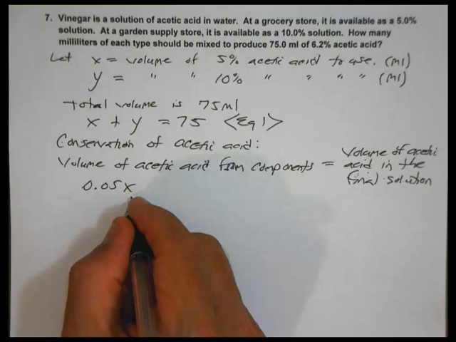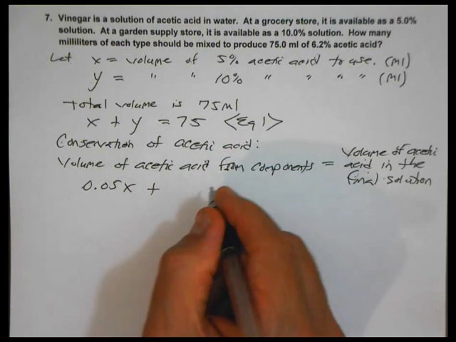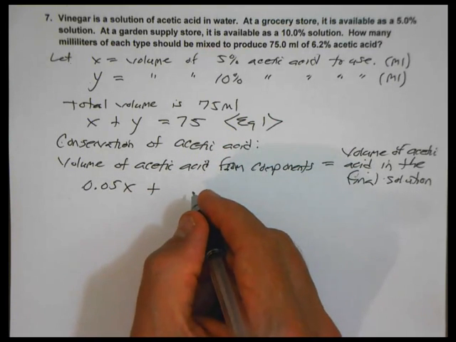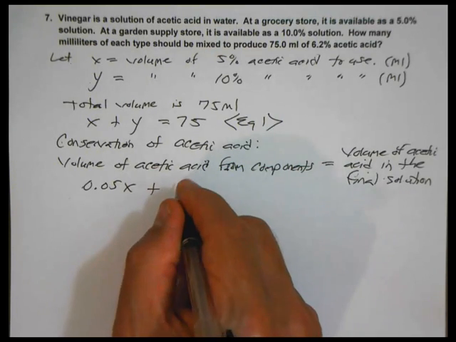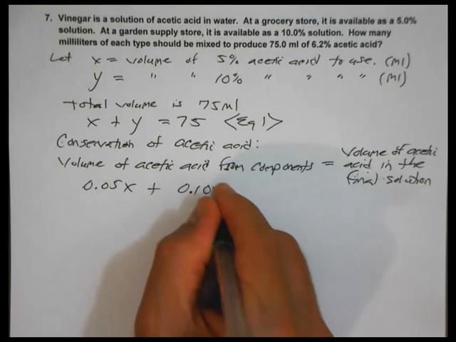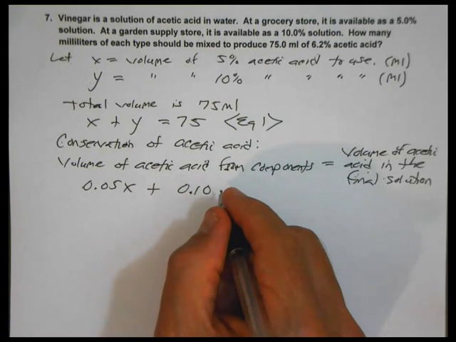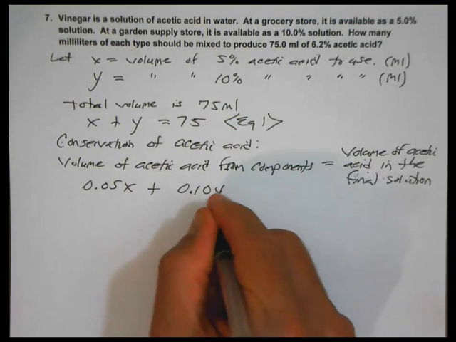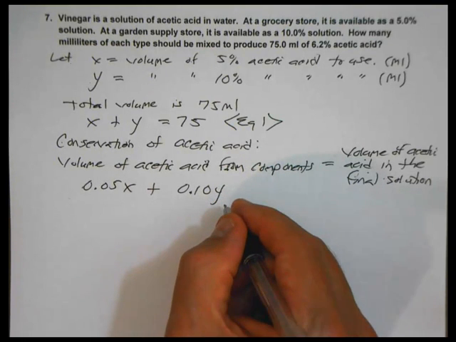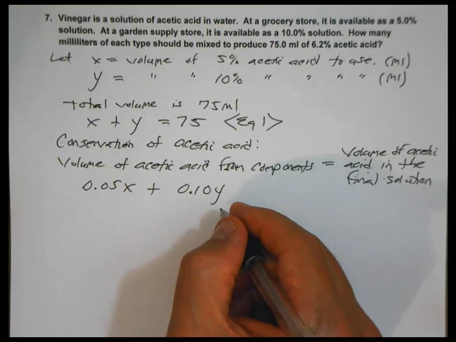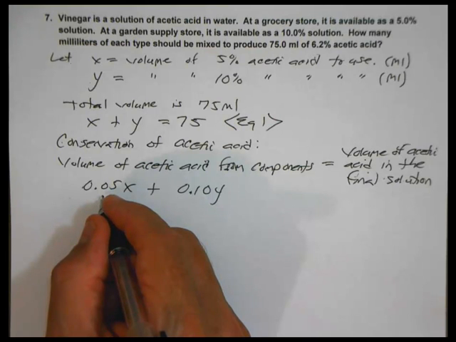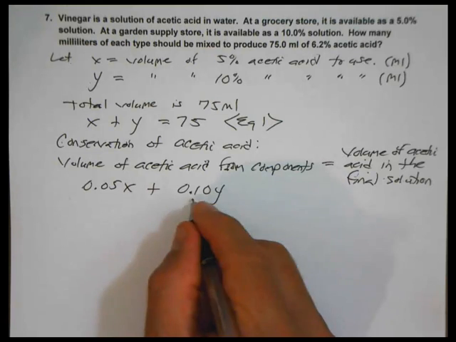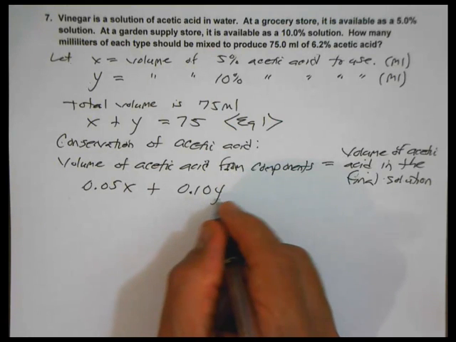Add to it, how much acetic acid comes from the 10% solution we add? Well, the percent acetic acid, 0.10, times the volume of it, which is the y. Okay, so this tells us the acetic acid coming from the 5% solution, and here's the acetic acid coming out of the second solution.